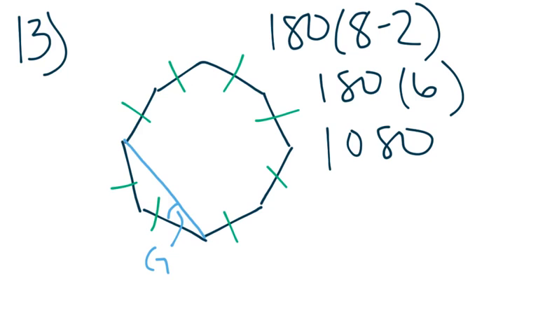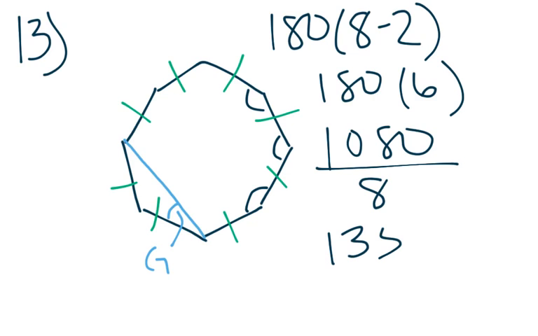In order to find what each angle is, we need to divide this by the number of angles, which is 8. So 1080 divided by 8 is 135. That means every one of these angles is 135 degrees, including this one over here.